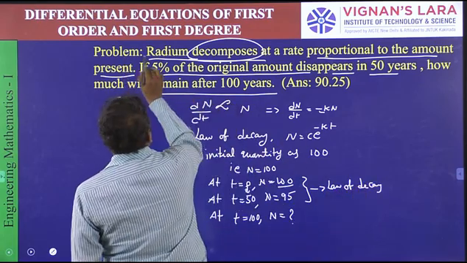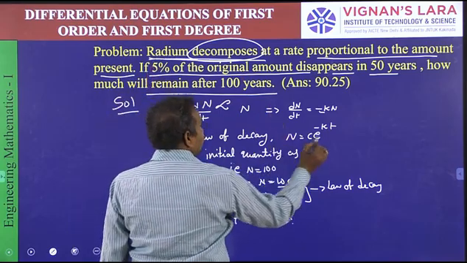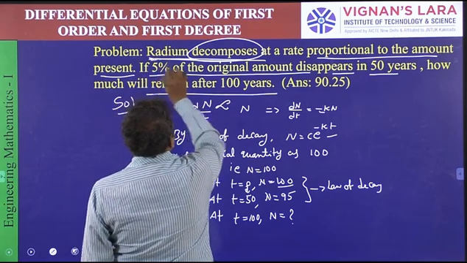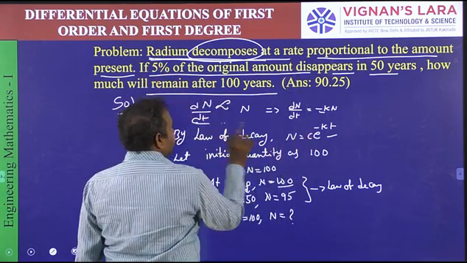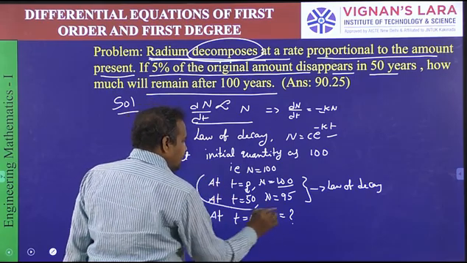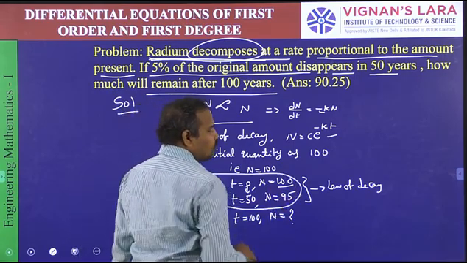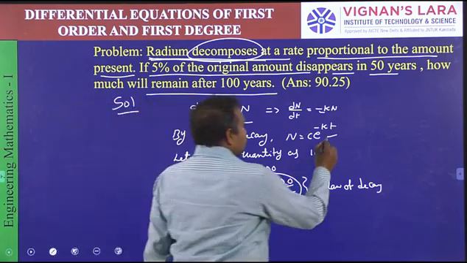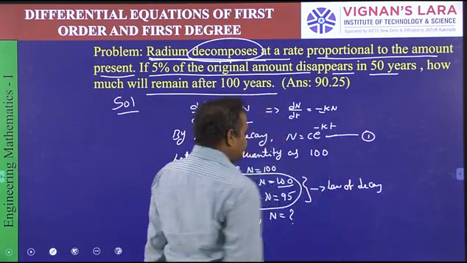Either by using the given data, or by using the given sentence, we have to say whether it is the law of growth or decay. So it is the law of decay. Let it be equation number 1.